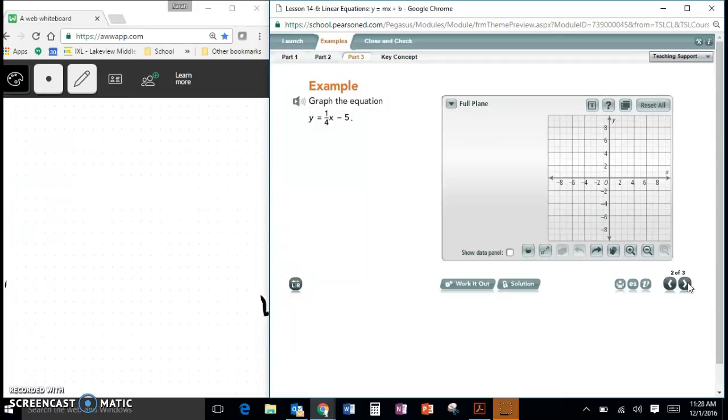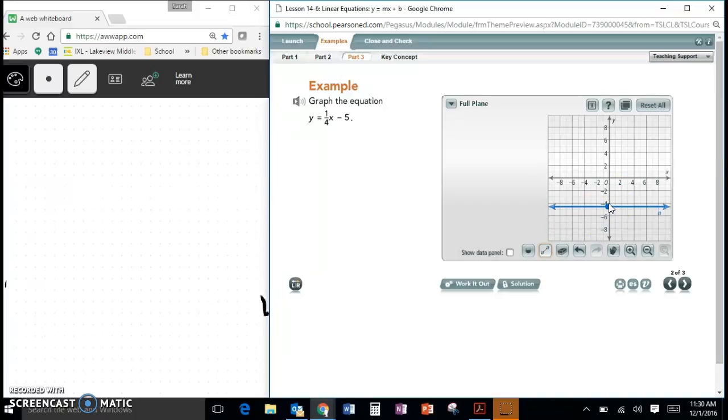All right, graph the equation. All right, guys, I'm going to use my graphing tools to graph this line. I honestly think yours is a little bit different and a little bit easier to use than mine. I'm going to use this line tool, and I'm going to put my first point at -5. Then I'm going to apply a slope of 1/4.